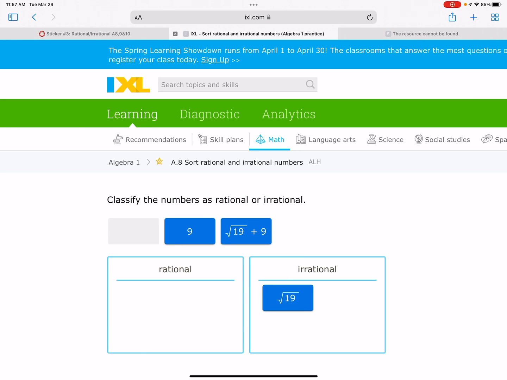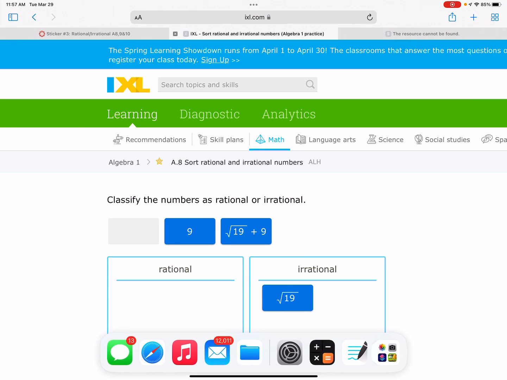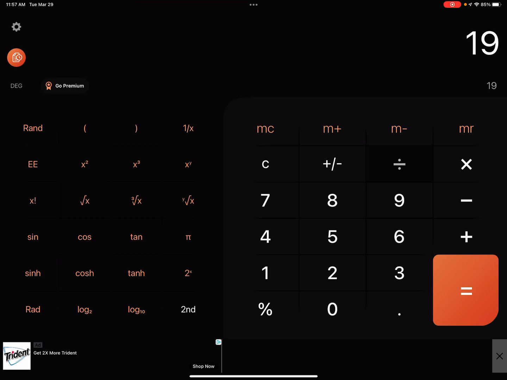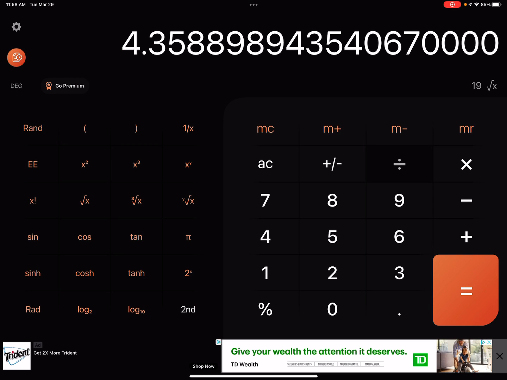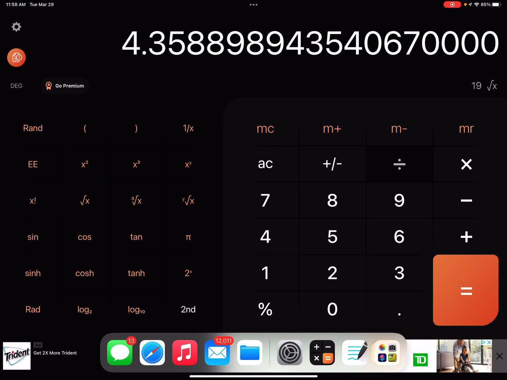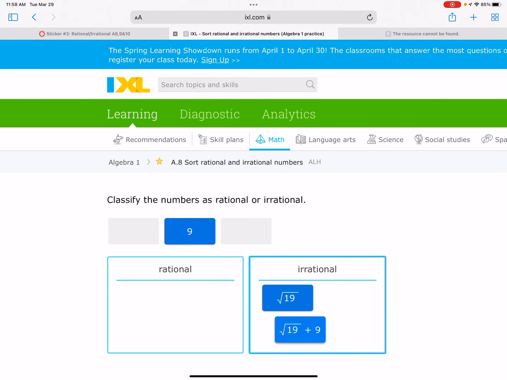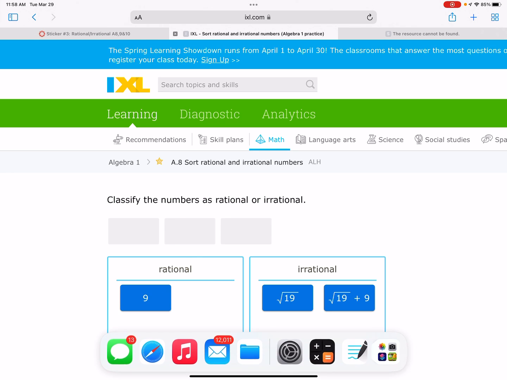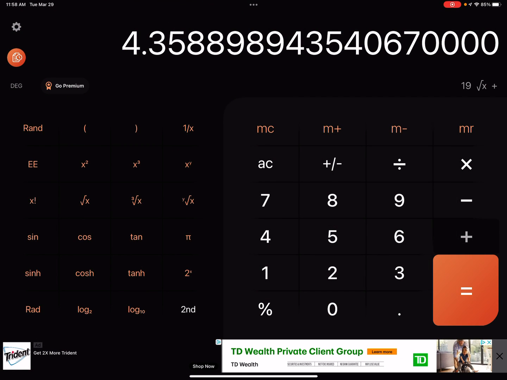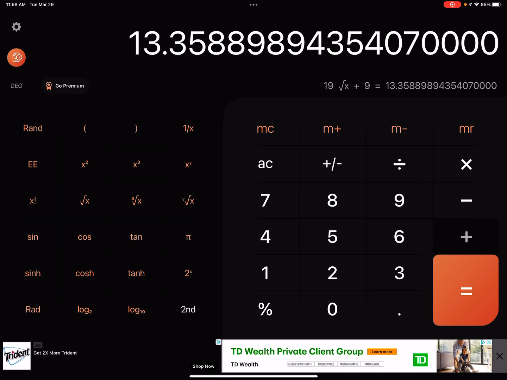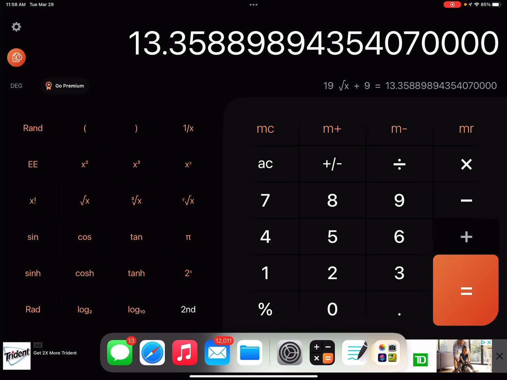Ooh, this is irrational, because when I take the square root of 19, I get a big, ugly, unruly decimal that doesn't have a pattern. So when I add a big, unruly number to 9, it's still big and unruly.